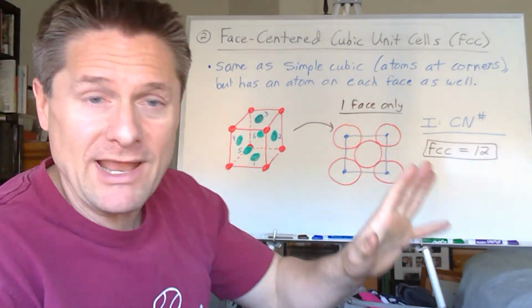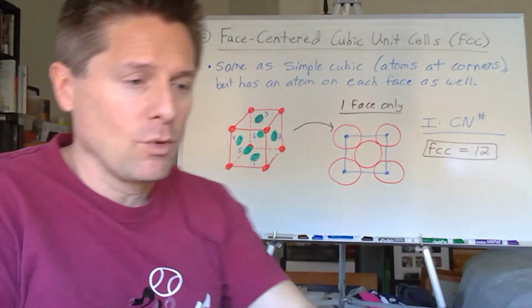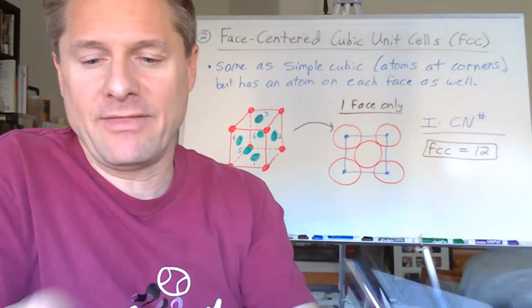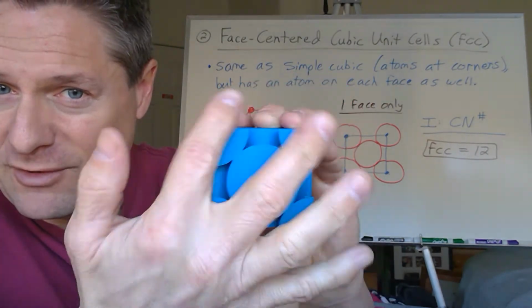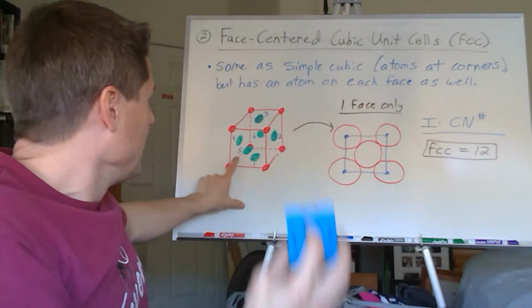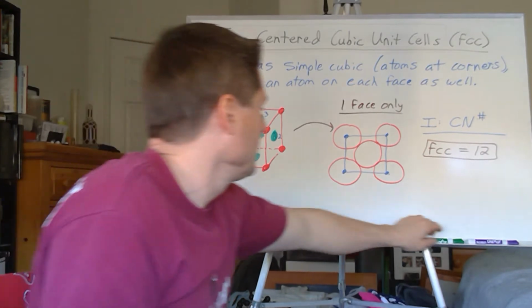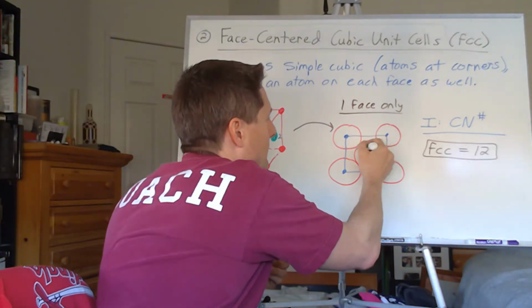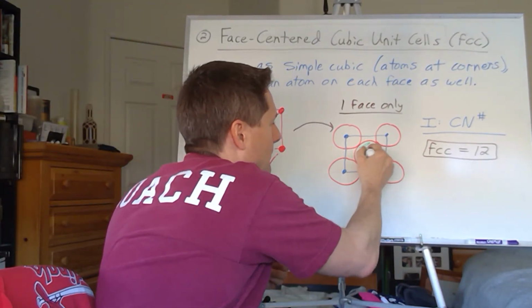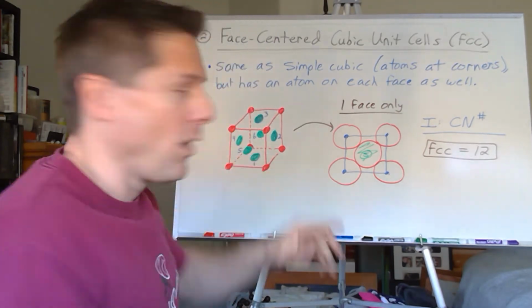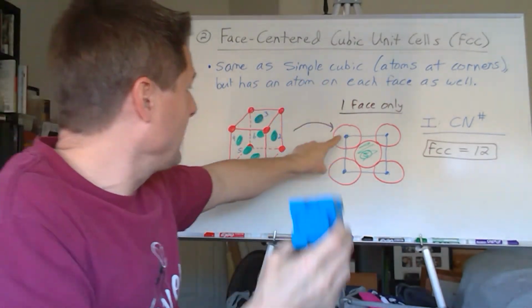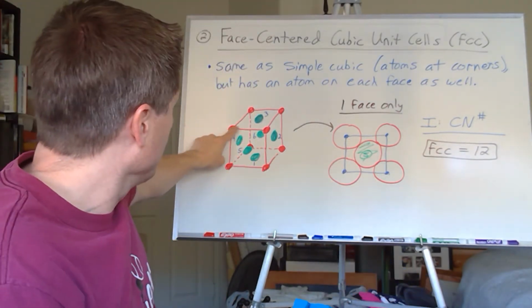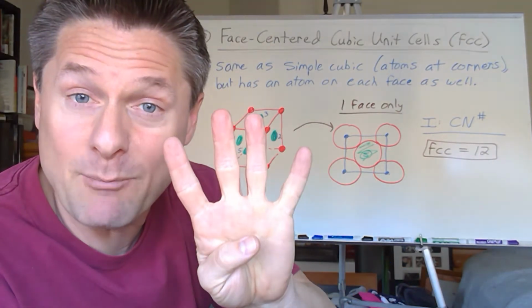But let's look at the coordination number, right? Let's just take a look at this one atom right here. You see how it's touching those 4 in the corner? So there's 4 right there in that plane. So this would be atom number 5 in green. That's the one on the face that's facing you. So you got 1, 2, 3, 4. It's touching the 4 in the corners, right here, here, here. So that's 4 in that same plane.